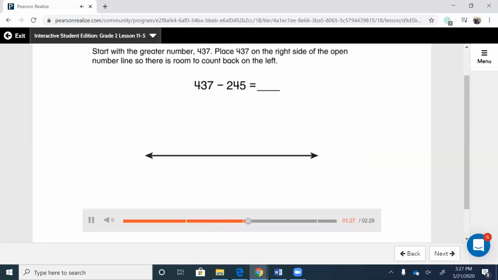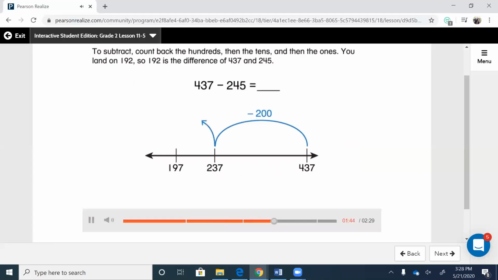Start with the greater number, 437. Place 437 on the right side of the open number line, so there is room to count back on the left. To subtract, count back the hundreds, then the tens, and then the ones. You land on 192.